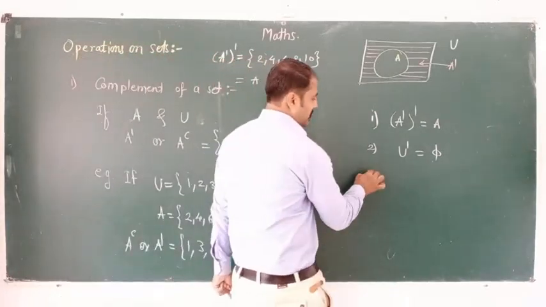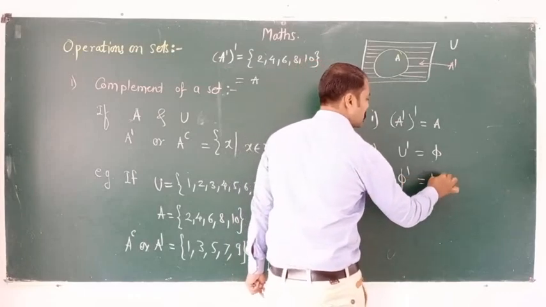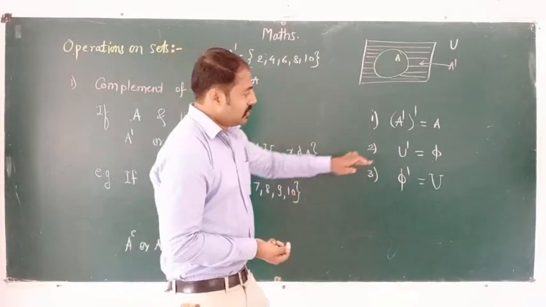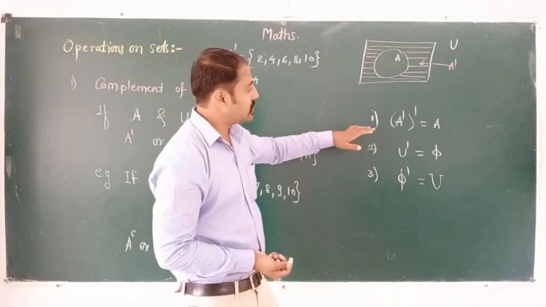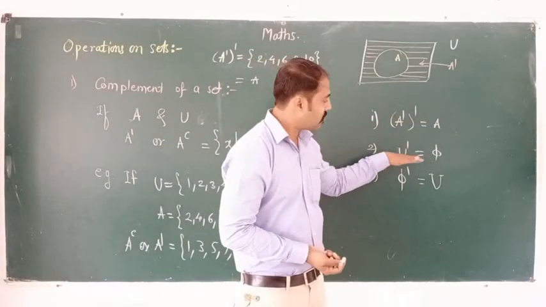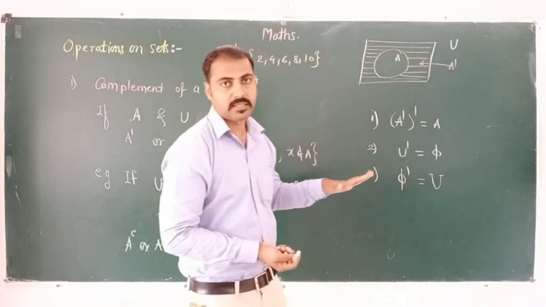The third property is the complement of phi. Phi complement is U. These are the three properties of complements. First, the complement of a complement is the set itself. The universal set's complement is phi. Phi's complement is the universal set.